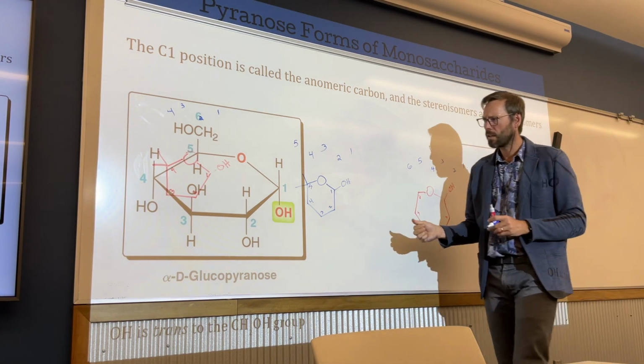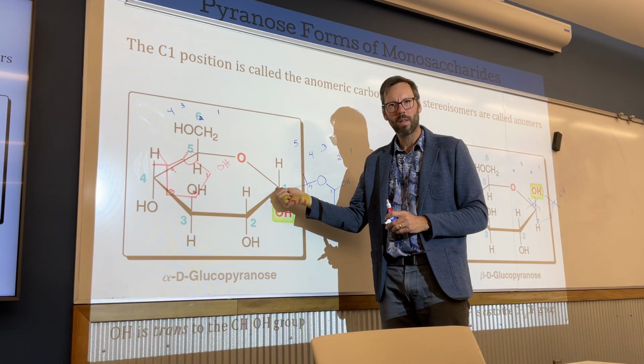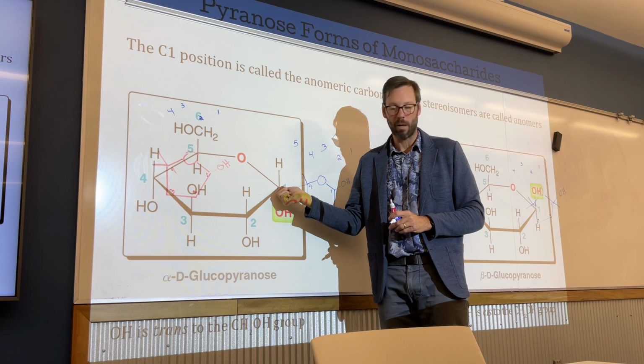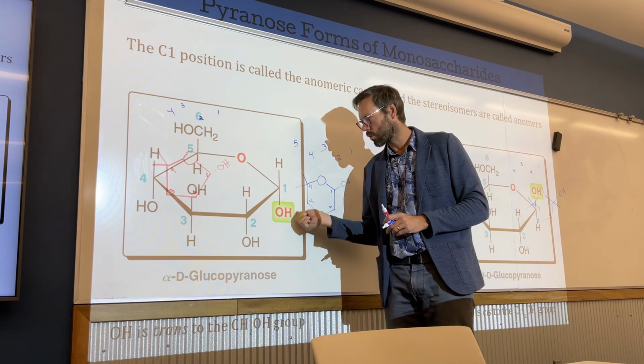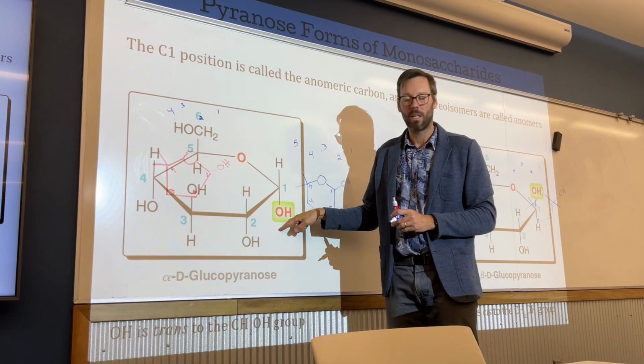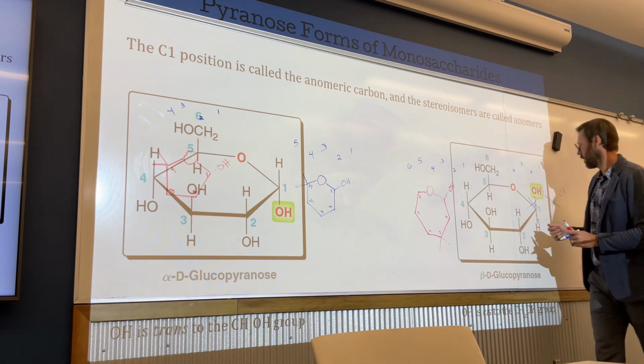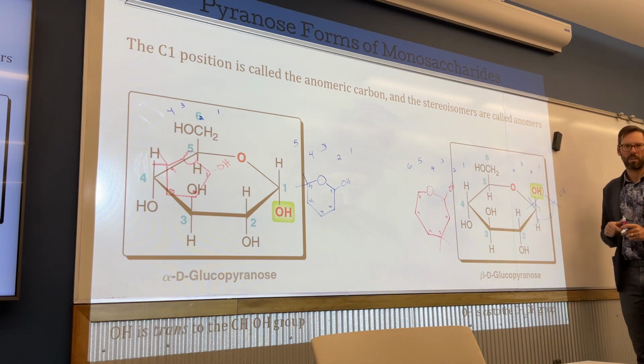Looking at this, this is an anomeric carbon. That's carbon number 1. We'll call it an anomeric carbon. If this hydroxyl group is axial, but down, then it's alpha. If it's up, then it's beta.